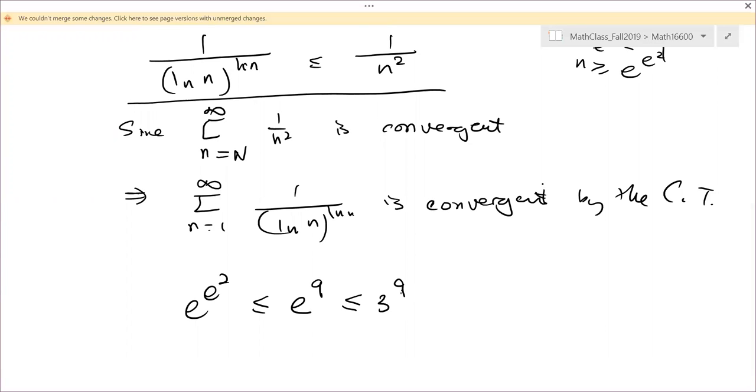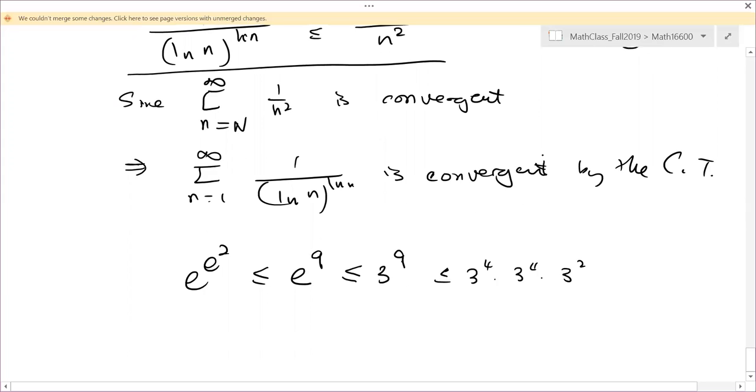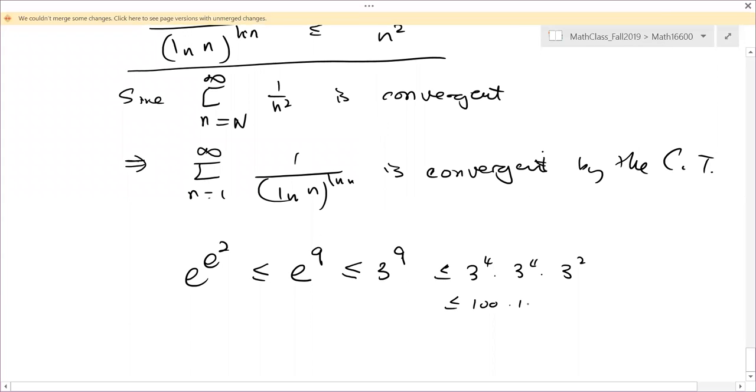How big is this number? 3 squared is 81, and 3 to the 4th power is 81. Okay, just put 50 there.